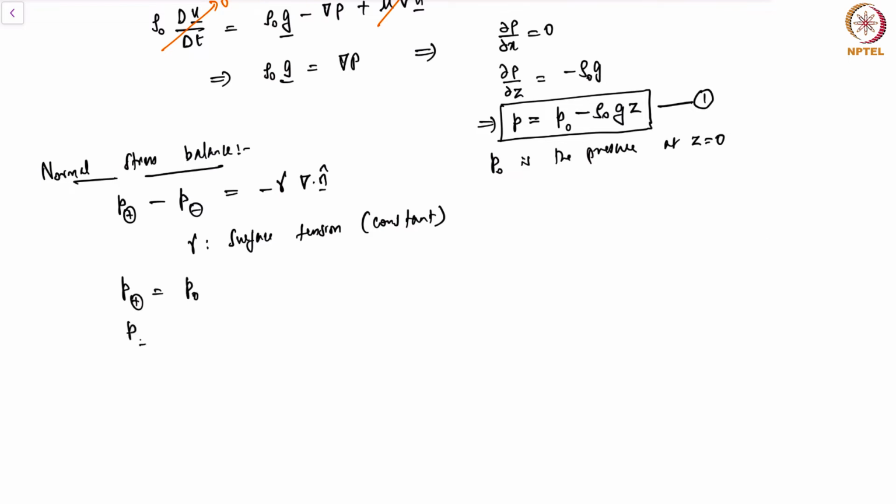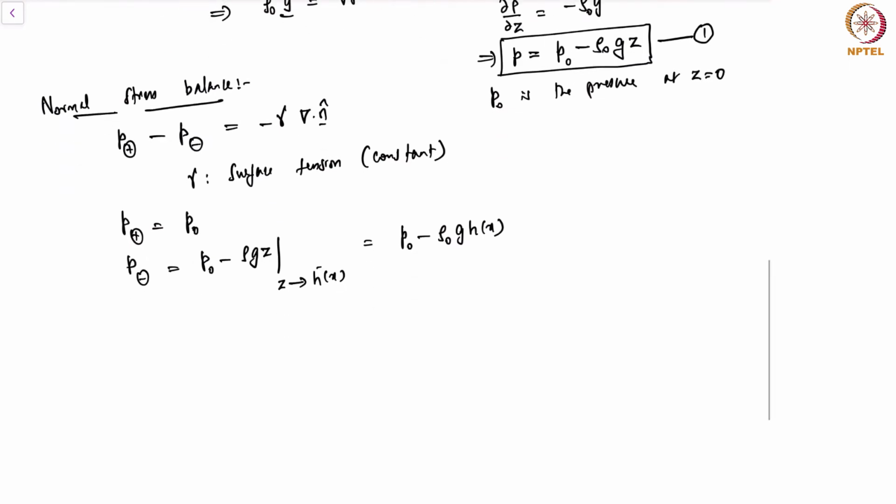and the pressure below at any location will just be P naught minus rho g z as Z approaches the interface from below. So we can say it is H minus. So this is nothing but P naught minus rho naught g H of x. So we can now substitute this into the pressure discontinuity that we have here.